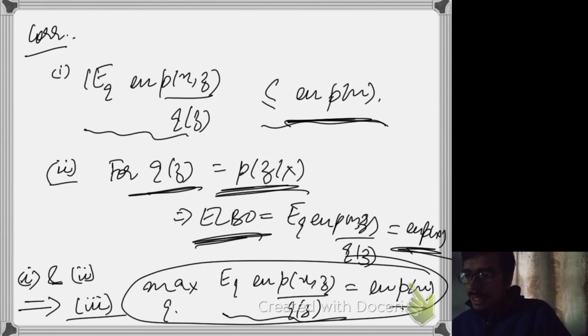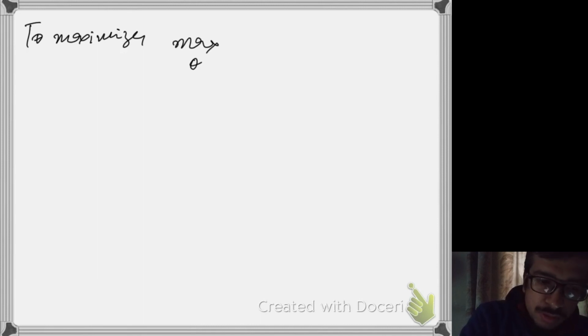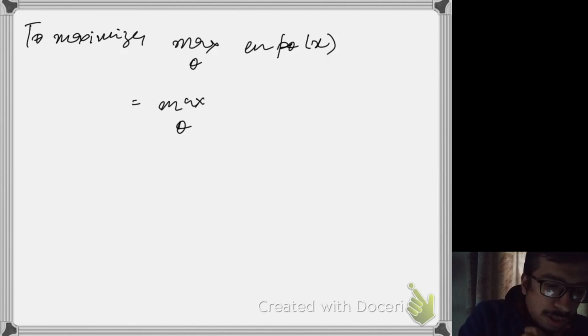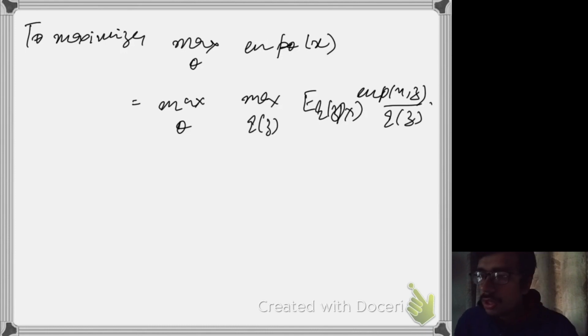So essentially the idea in this VAE is that if I now want to maximize log p theta of x, what I can do is maximize over theta, and maximize over all possible distributions q, this ELBO, the expectation over q(z given x) of log p(x,z) over q(z).